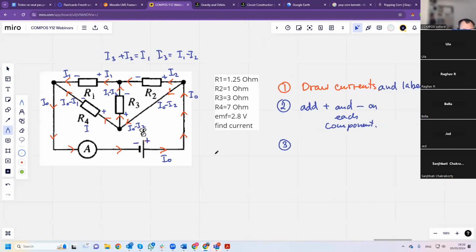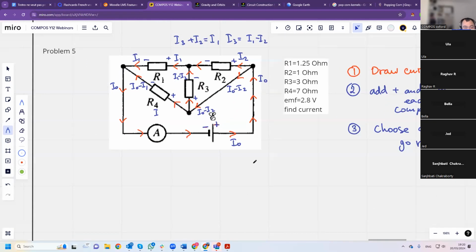Step 3: choose a loop and go round the loop. Okay.